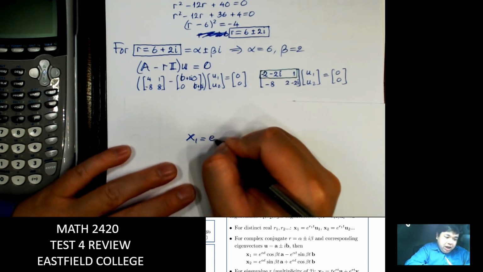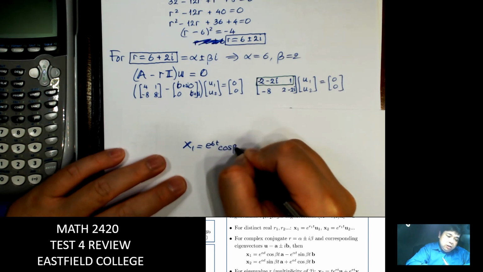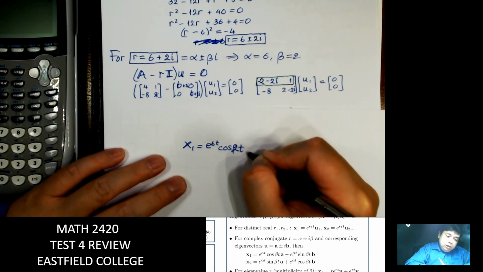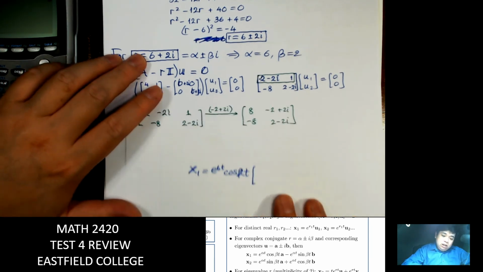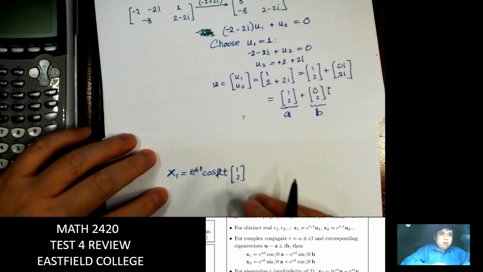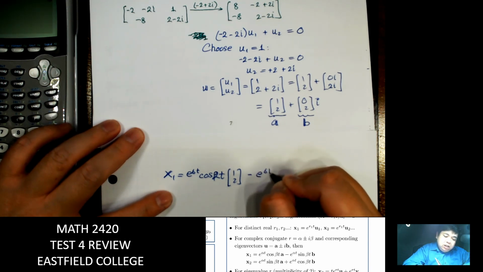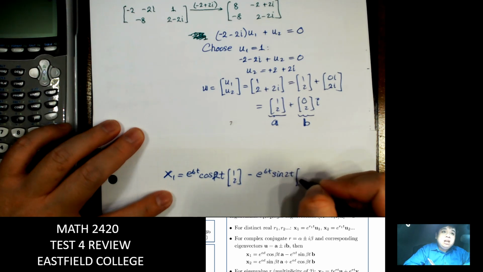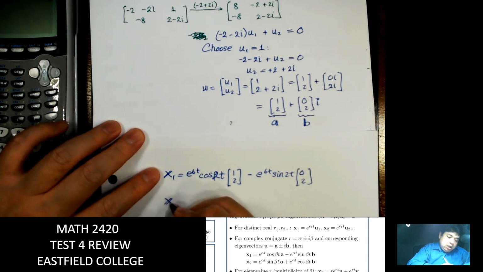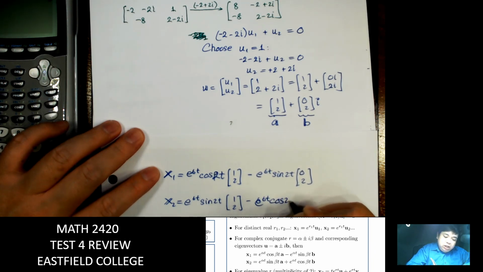So e to the alpha, 6t, cosine, beta is 2, and then the vector a, 1 and 2, minus e to the 6t sine 2t times the vector b, 0 and 2, and then x2 is e to the 6t sine 2t times the vector a minus e to the 6t cosine 2t times vector b.